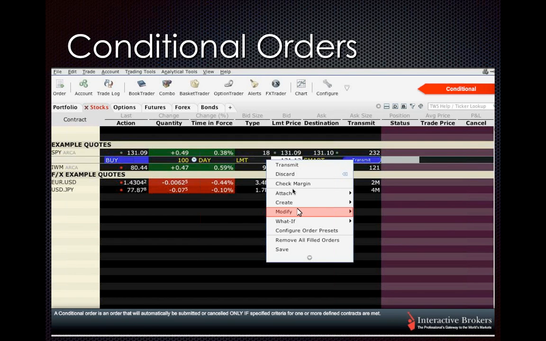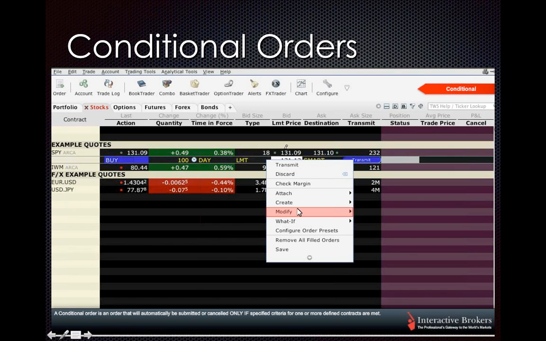Let me just go through this step by step again and show you an example with Trader Workstation. You can see again, in this case, it's SPY, which is the S&P 500 index. In this case, it's an ETF fund representing the 500.